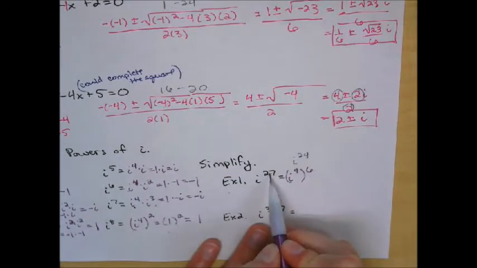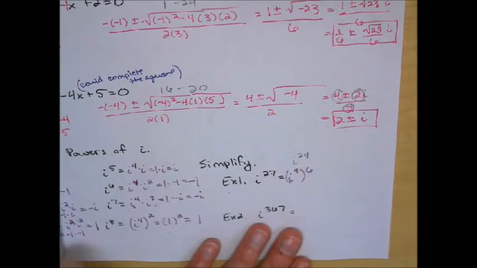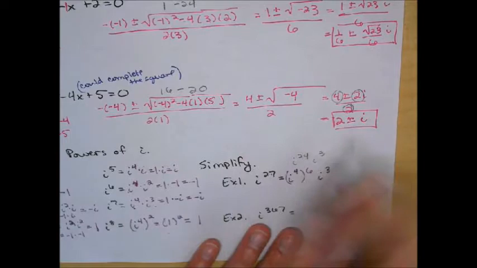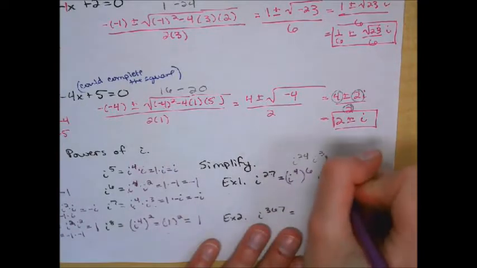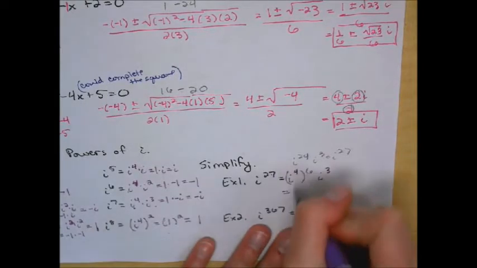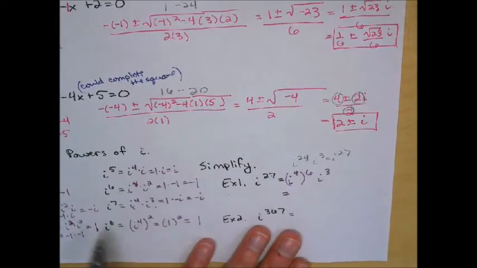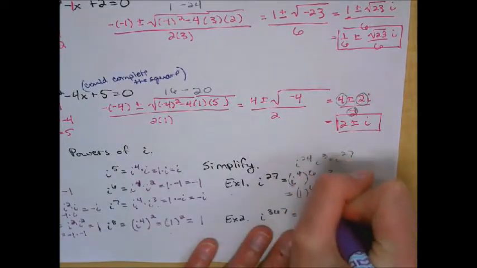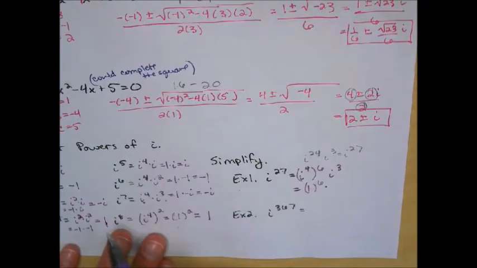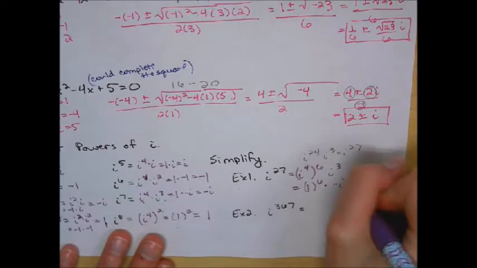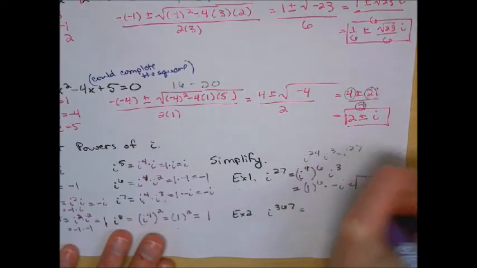How many more do I need to get to 27? 3. 24 plus 3 is I to the 27th. What's I to the 4th? I to the 4th is 1. I to the 3rd is -I. I get -I.